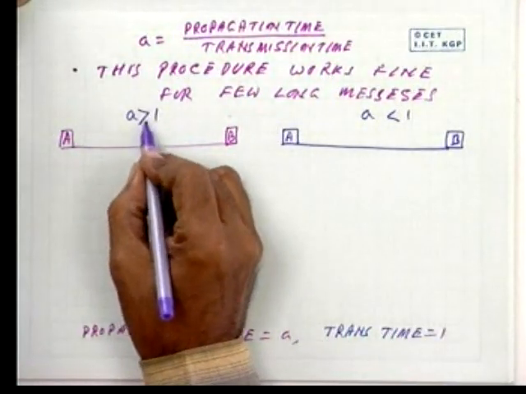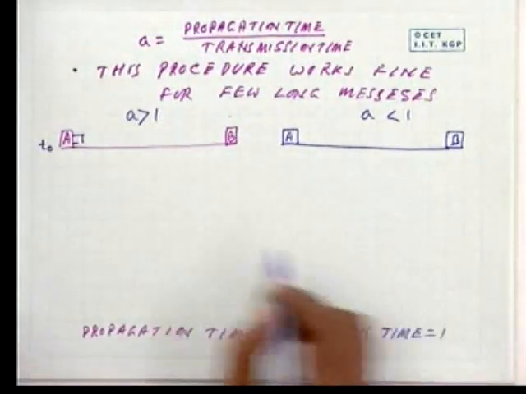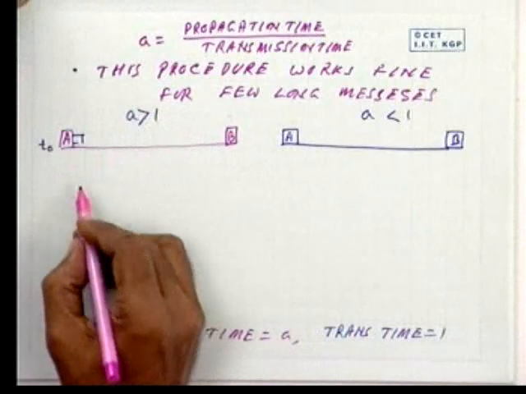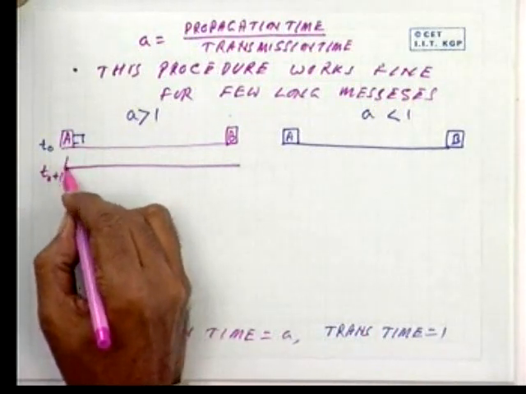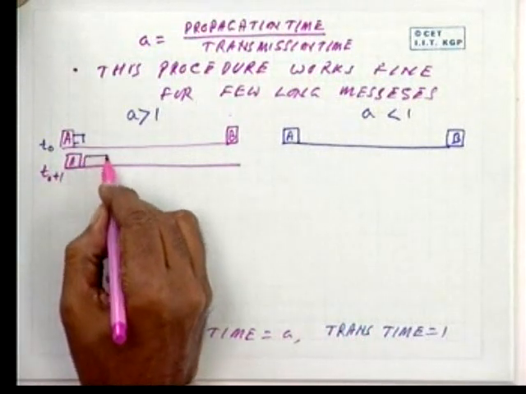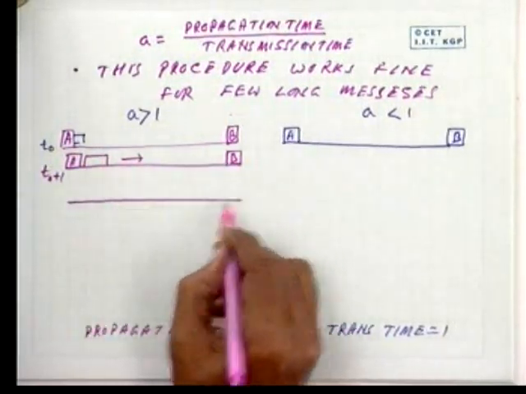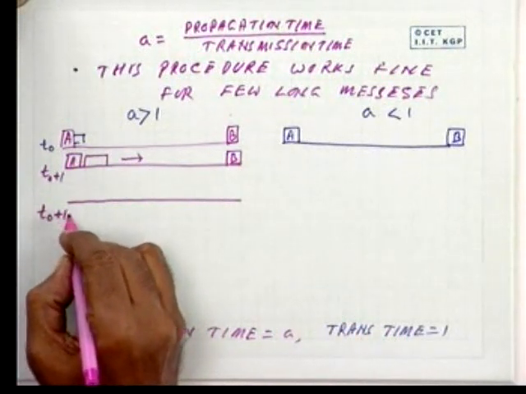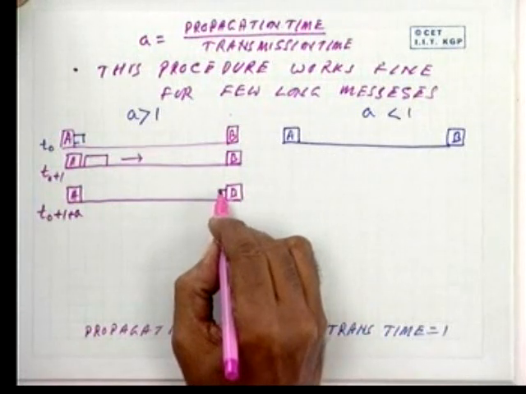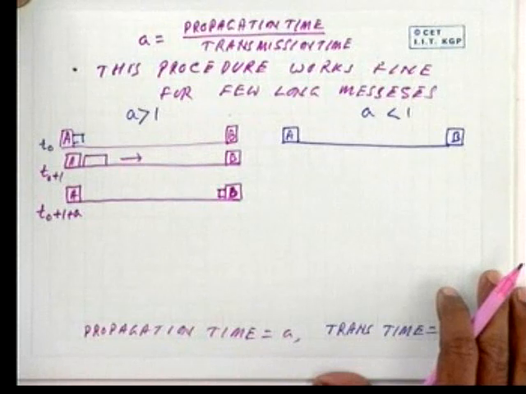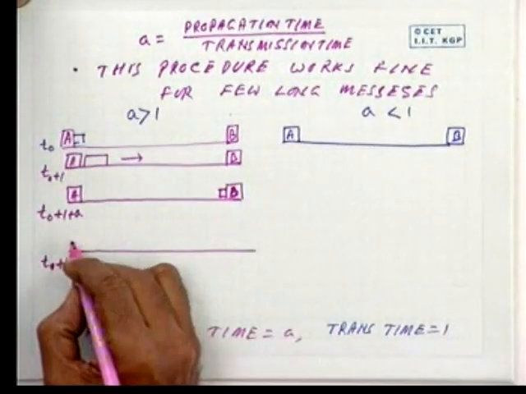Now in this particular case, when a is greater than 1, A will start transmission of a packet at time t equal to t0, and after time t0 plus 1, A will have sent the entire packet, which will go in this direction towards B. Then after t0 plus 1 plus a, the propagation time, the packet will be received by B. Now after time t equal to t0 plus 1 plus 2a, what will be the situation?